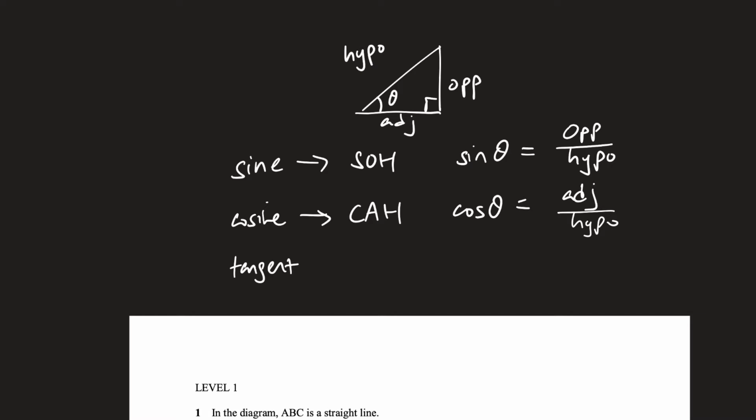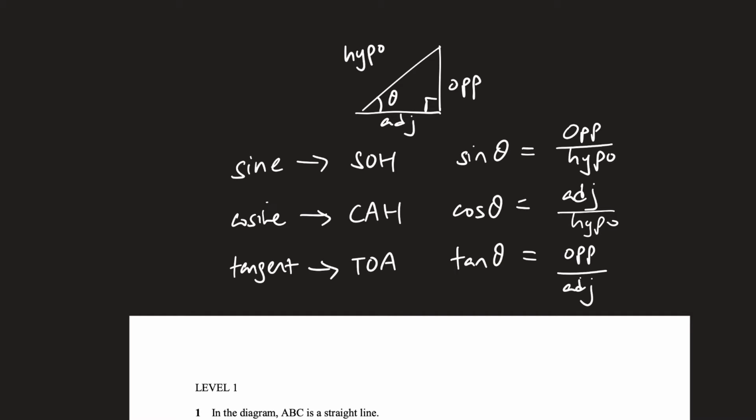And then we have tangent, which is TOA, so tangent theta is opposite over adjacent. In Singapore, we usually see it as SOH CAH TOA, and this is how we memorize it.